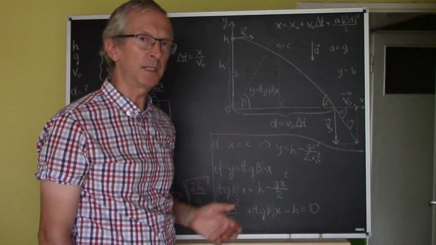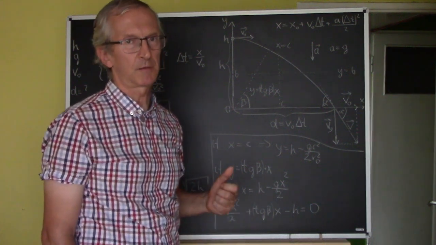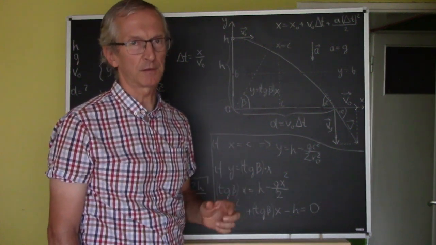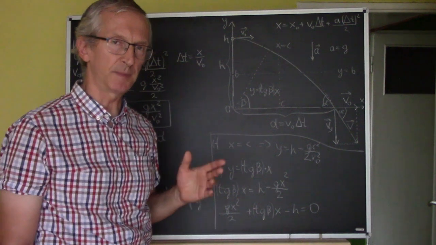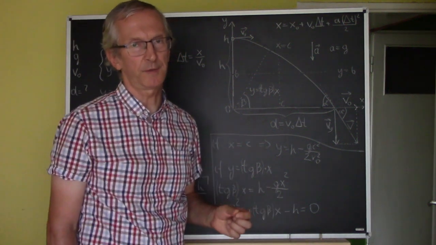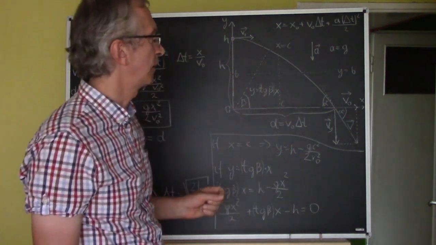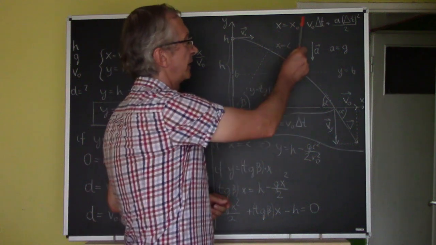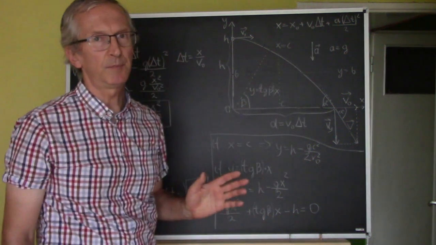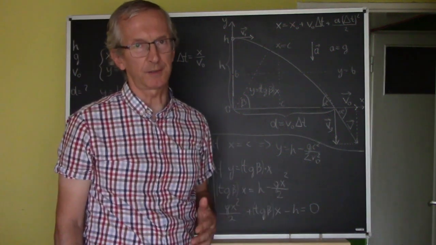I should also remind you that the coordinate of a vector is equal to plus the magnitude of the vector if the vector is directed the same as the axis, or minus the magnitude of the vector if the vector is opposite to the axis. So we should remember that x0, v0 and a can be positive or negative.